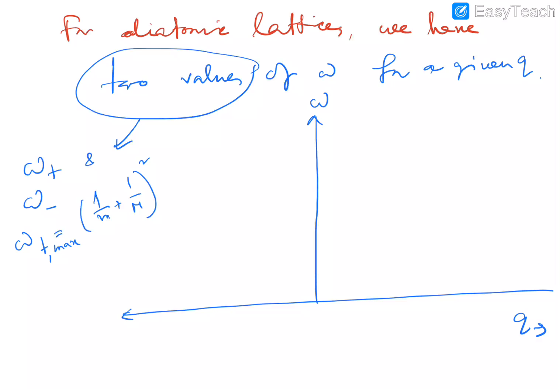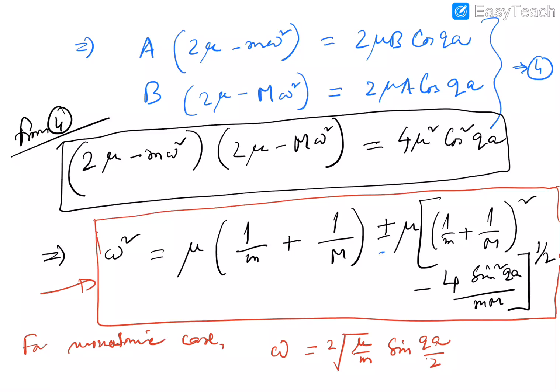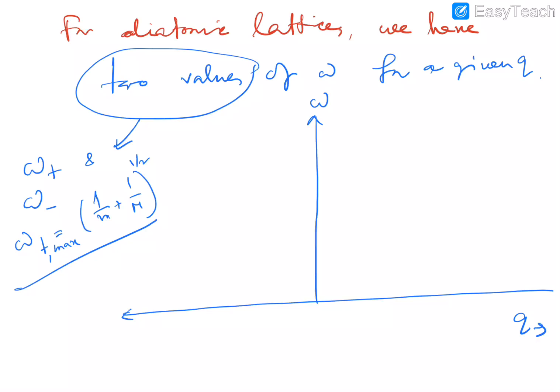Oh no, this is omega squared, so omega will be the square root of this, half. So there are two frequencies now corresponding to one Q value, right? One is of higher frequency and the other is the lower frequency, which is omega minus.